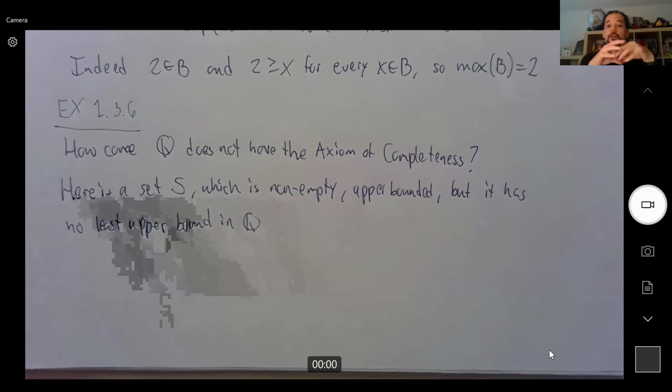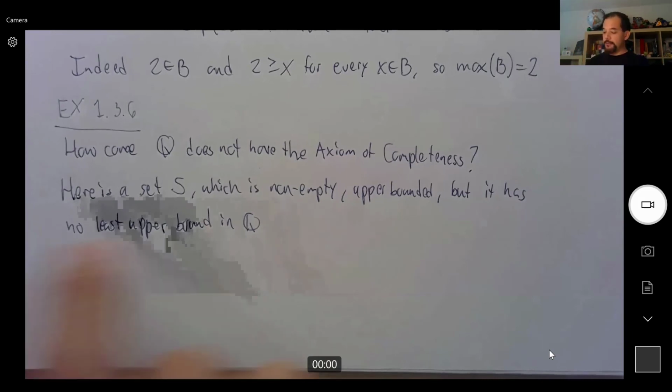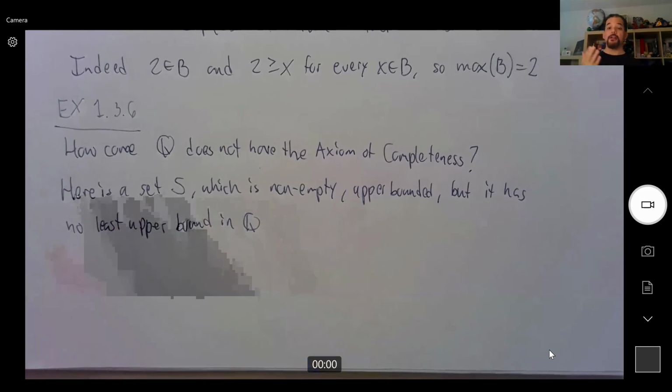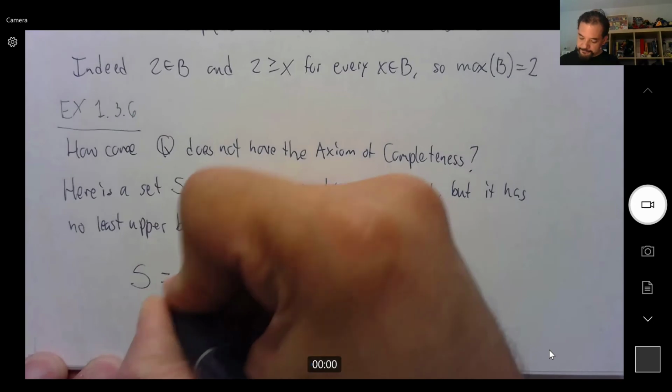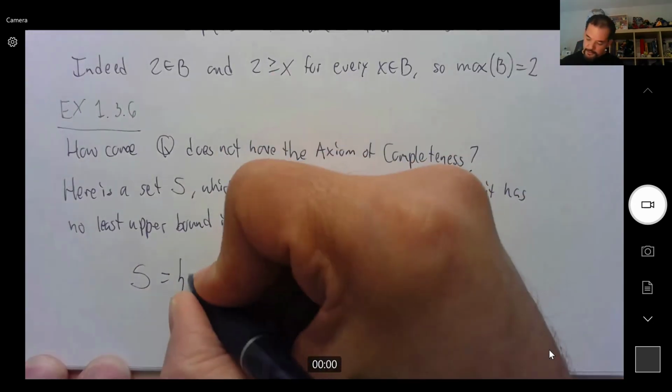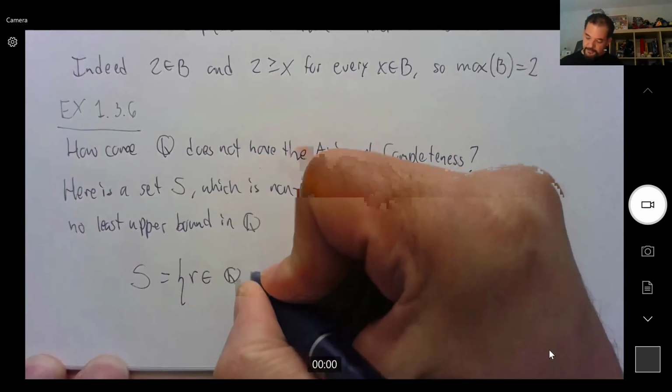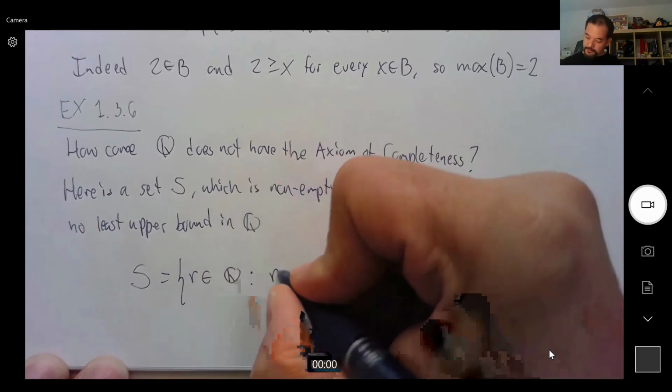For the rational numbers to have the axiom of completeness, we should have that every non-empty upper bounded set has a least upper bound that's also a rational number, right? In our universe, it does not, although it is going to have a least upper bound in the real numbers, because we know the axiom of completeness works in the real numbers. So here's the set. These are going to be the rational numbers r such that r squared is less than 2.